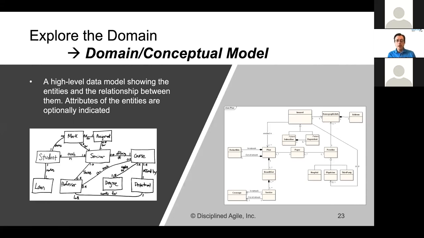So what you see on the left-hand side here is a low fidelity model. Somebody's gone up to a whiteboard and written down the key entities, things, if you will, that are involved in our system. It's enrollment into a course. You've got students and loans, and professors and things. And the lines between them indicate the relationships between them.